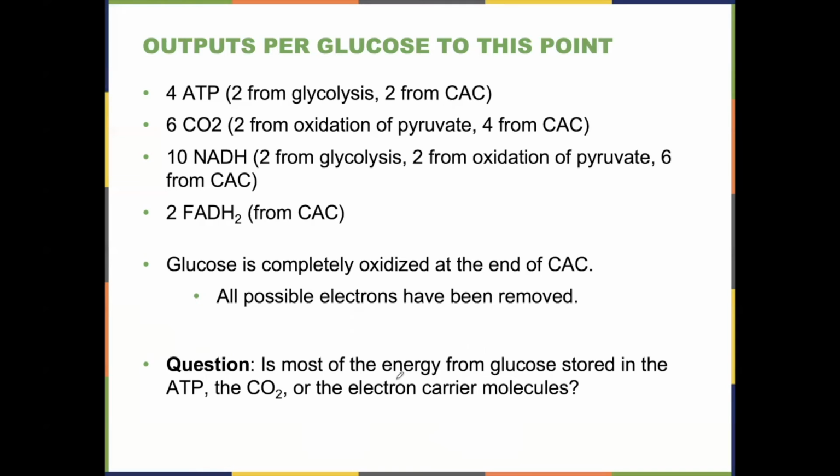Is it in the carbon dioxide? Or is it in the electron carrier molecules? Well, if you remember, we said that these electrons that were put into these molecules are high energy electrons. And as you can see here, we've made quite a few of them, right? So most of the energy is actually in the electron carrier molecules at this point.